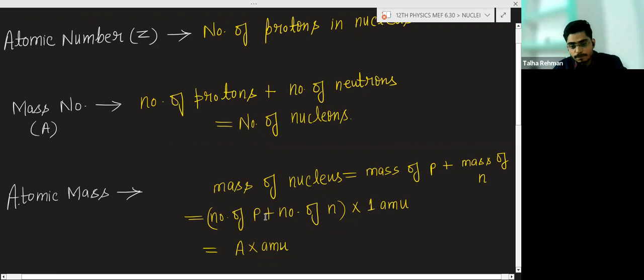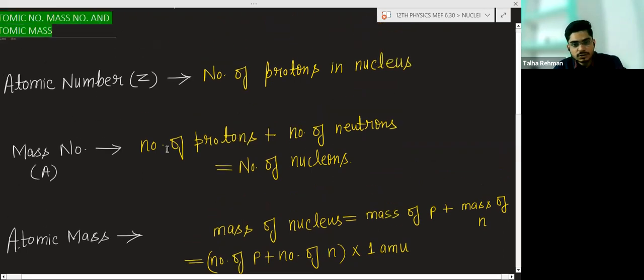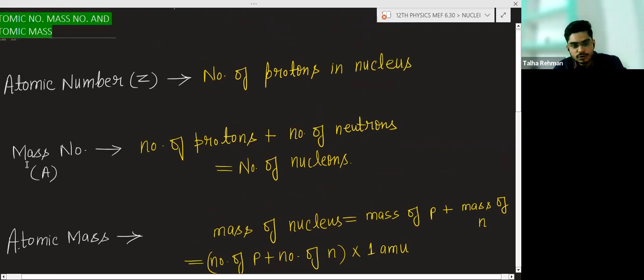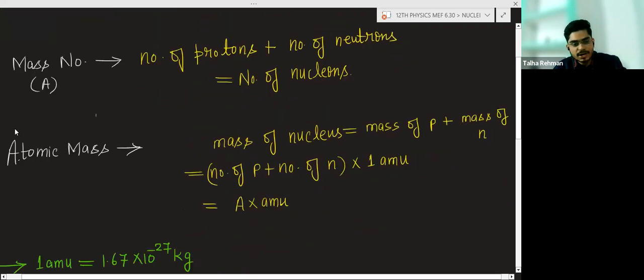And the number of protons plus number of neutrons is the mass number. So basically, atomic mass can be written as mass number multiplied by AMU. And 1 AMU is equal to 1.6 into 10 to the power minus 27 kg.